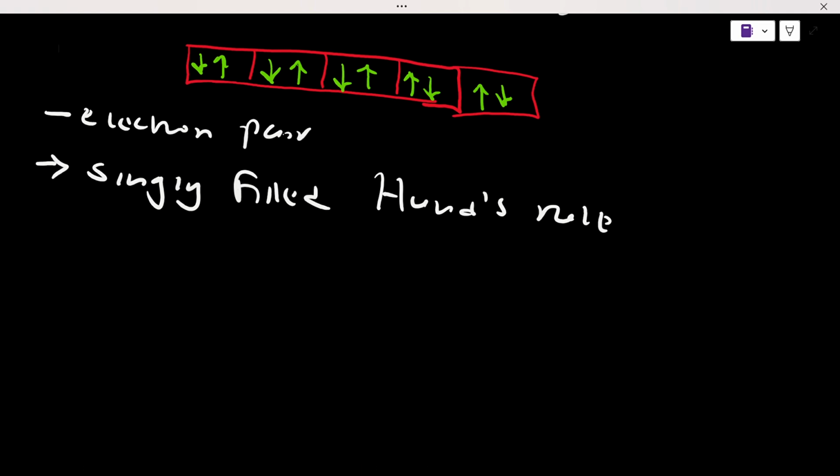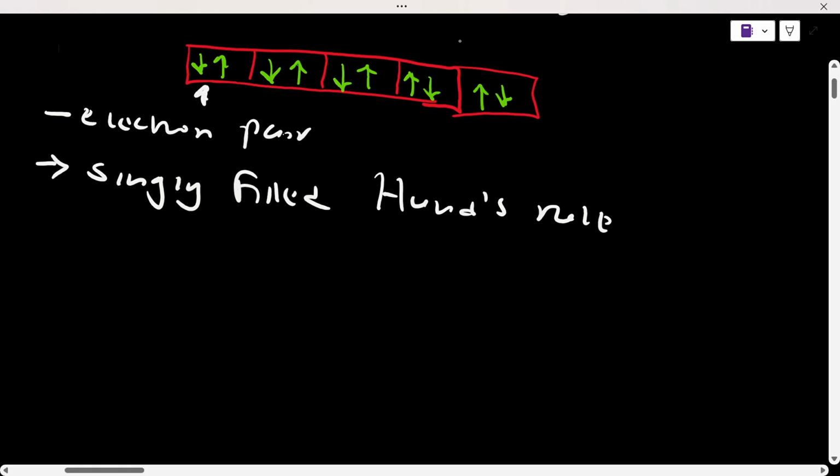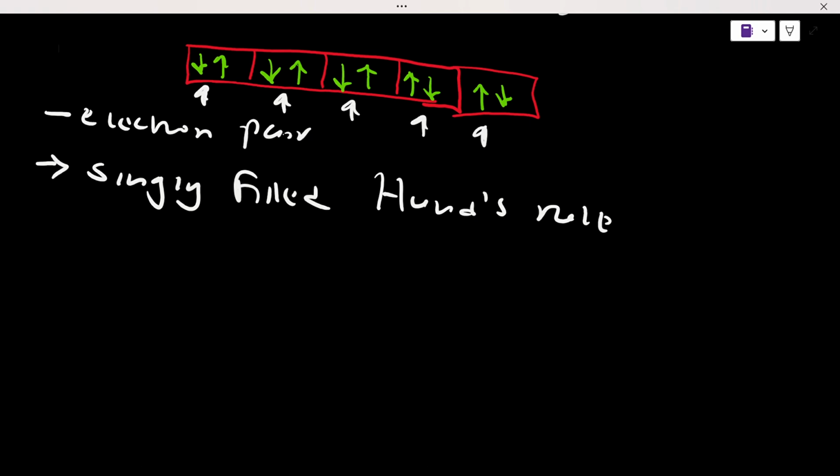So the key thing that you have to know here is that electrons are found in the space between these orbitals. They are found in the space. So if that's the case, d orbitals are just improvements of the p orbitals.